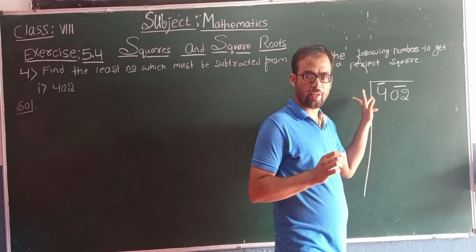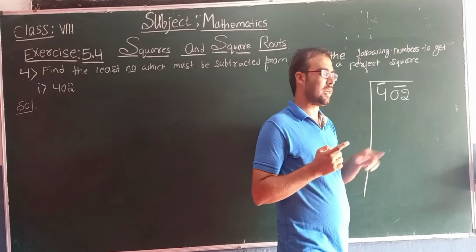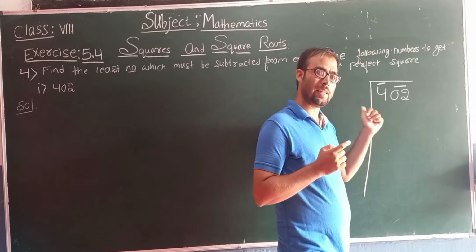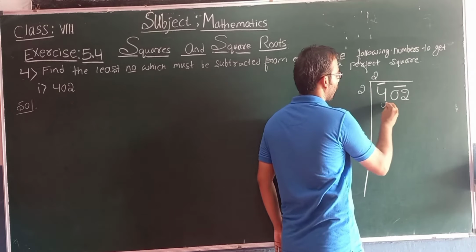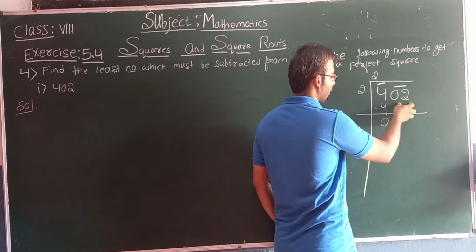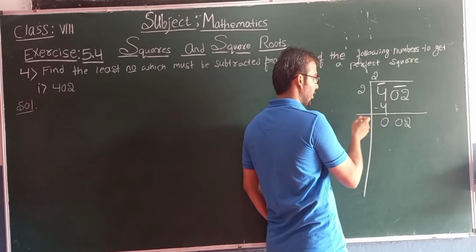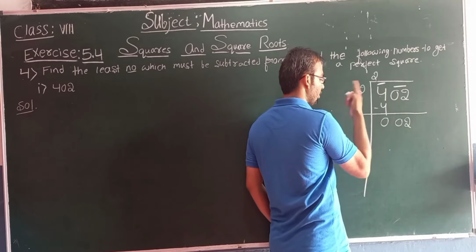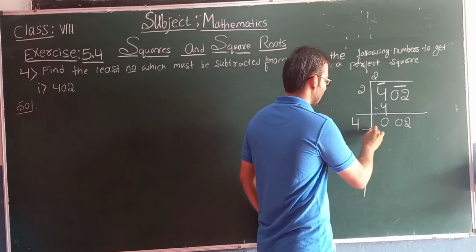Now we need to write a number such that when we square it, we get a number either equal to 4 or lesser than 4. 2 2s are 4, 4 minus 4 is 0. Bring down these two digits, so 02. Double the quotient. Here the quotient is 2, and when we double it we get 4. Now put the blank.